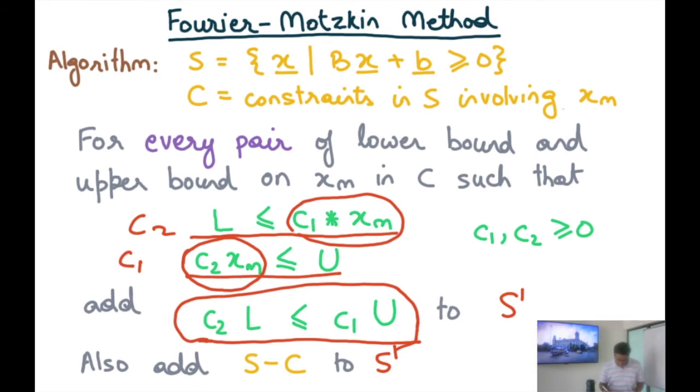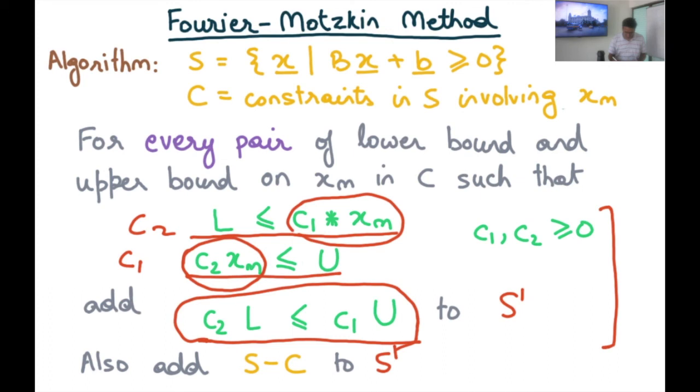And so this particular algorithm is called the Fourier-Motzkin method, based on the people who proposed this algorithm for the first time. So overall, once again, I first identify those equations which do not involve xm and simply add them to S prime.